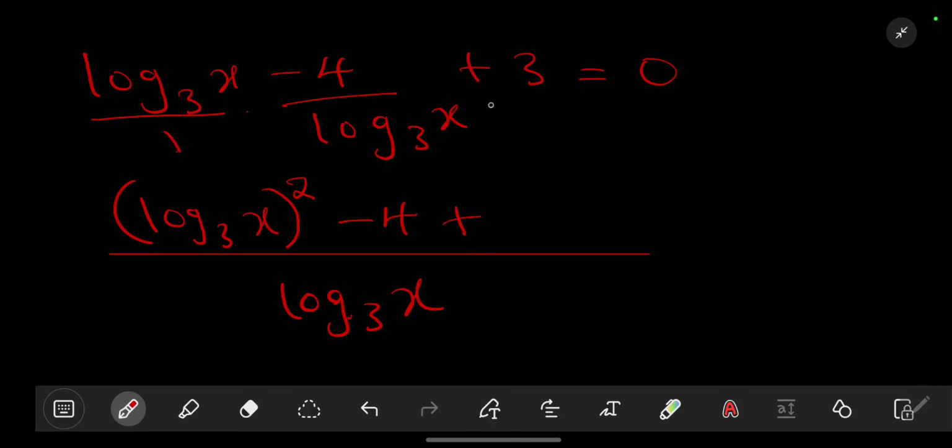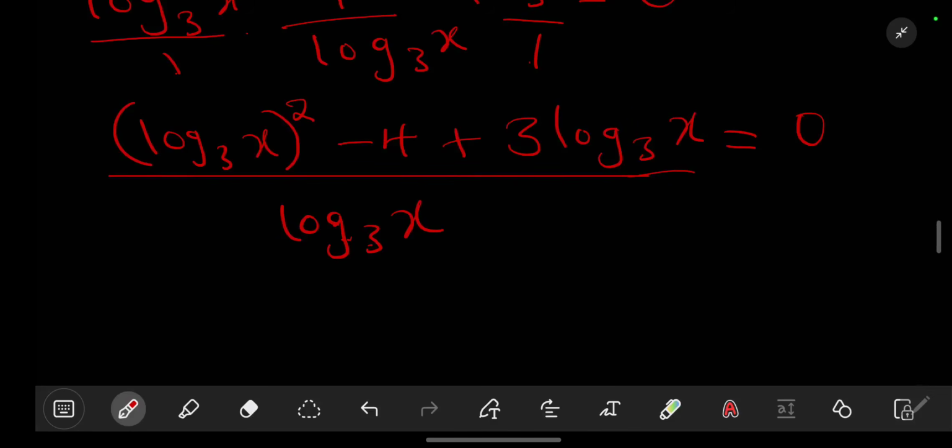Then we have plus our log of x base 3 is this, then times 3, it will be 3 log of x base 3. Then this should be equal to 0 like that. So upon doing this, let's cross multiply from here.